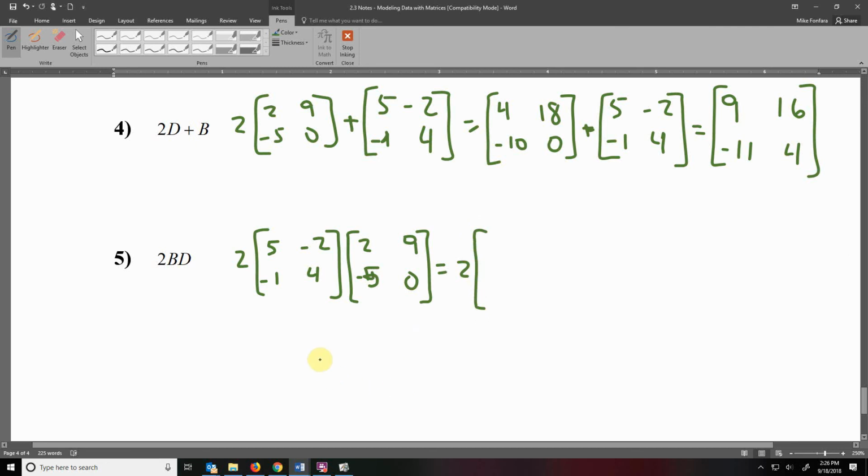Okay, so we're multiplying rows by columns. So we've got first row times first column is 5 times 2, which is 10, plus over and down, -2 times -5, is 10, so we get 20.